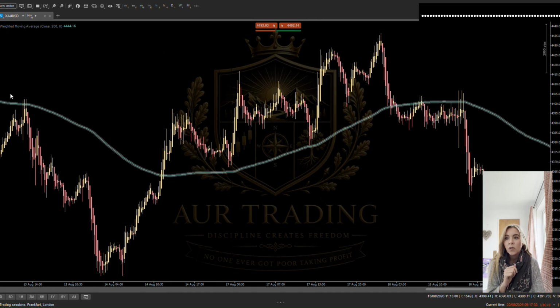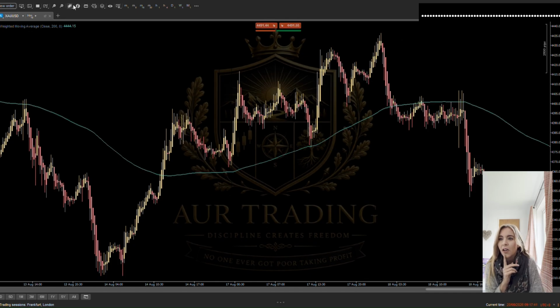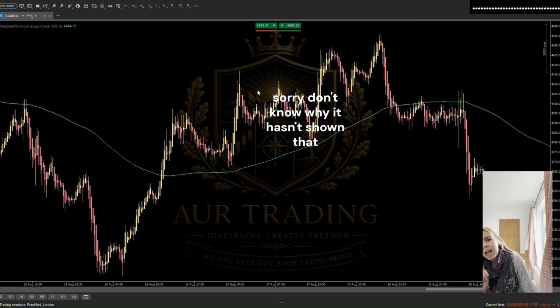And then I use the weighted moving average. I've had it on that long, I don't actually know where it is, or add indicator here. This is on cTrader. On TradingView, it would be in indicators, and you just search WMA, which I can show you here, WMA, and then on here it's the periods.